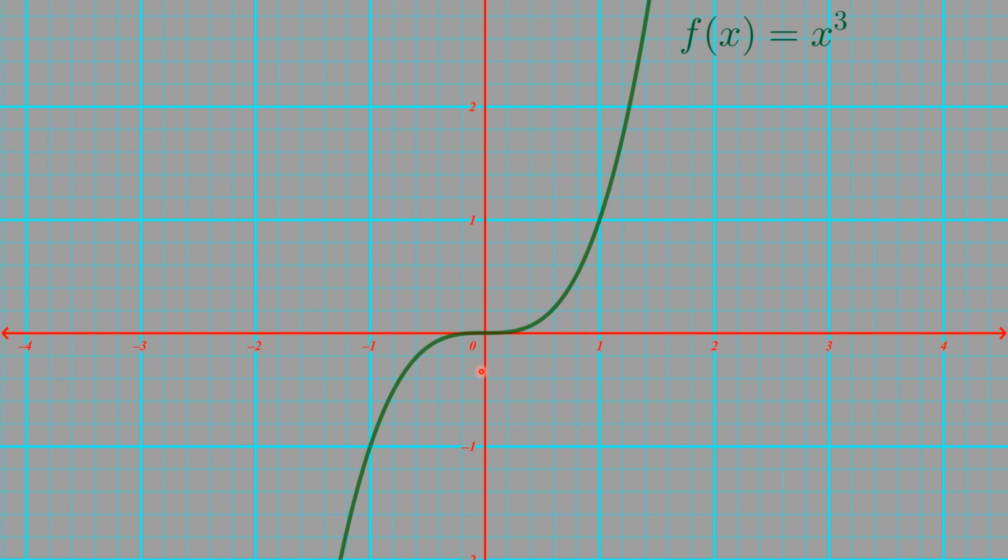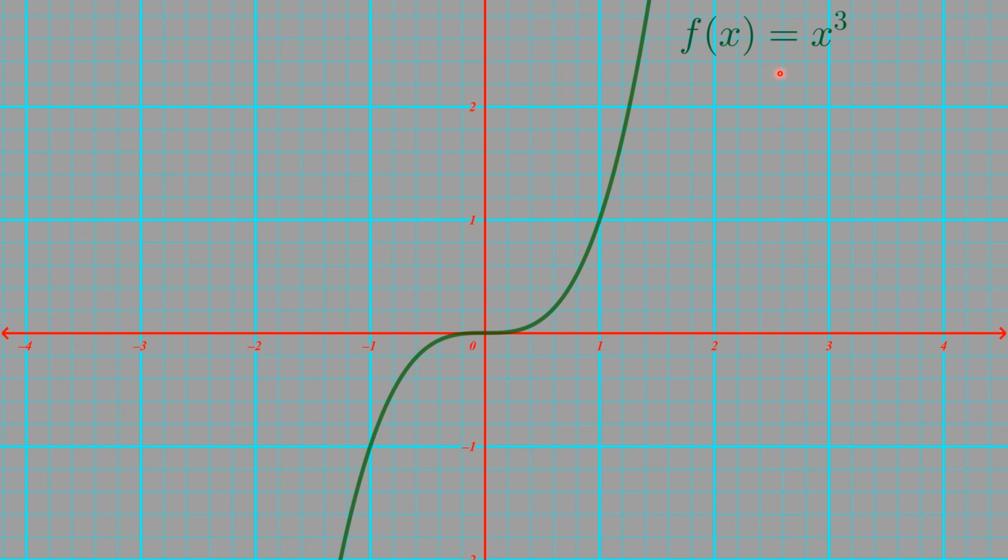Okay, you see here from the origin, this part and this part. This part is the mirror image of this part about the origin. Meaning the graph of x cube is symmetrical about the origin, and that is why this function is an odd function.